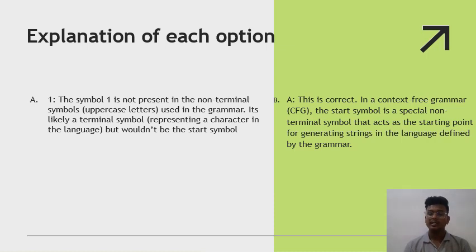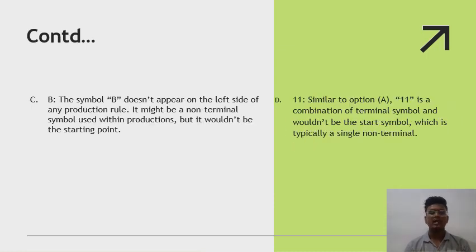A. This is correct. In a context-free grammar, CFG, the start symbol is a special non-terminal symbol that acts as a starting point for generating strings in the language defined by the grammar. And the C option is B. The symbol B doesn't appear on the left side of any production rules.